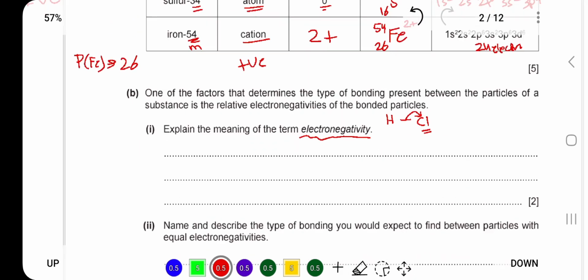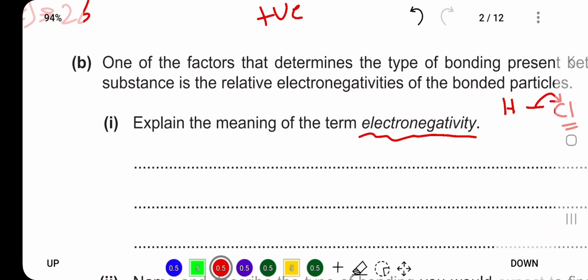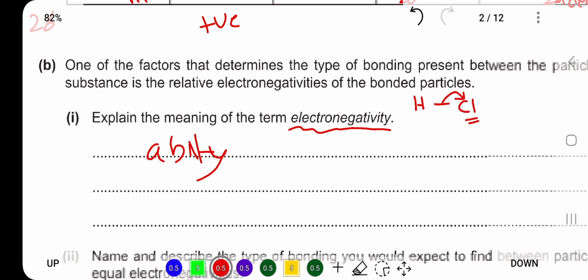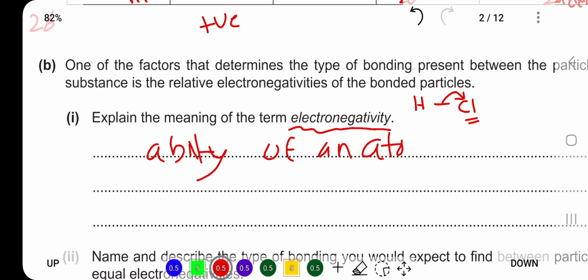Sorry. So you can write now, it is the tendency or the ability, it's the ability or power of an atom or a nucleus.